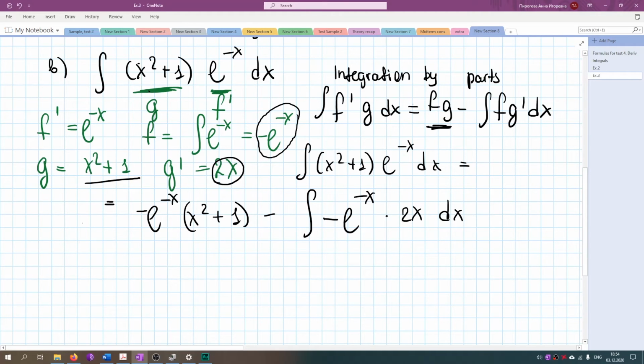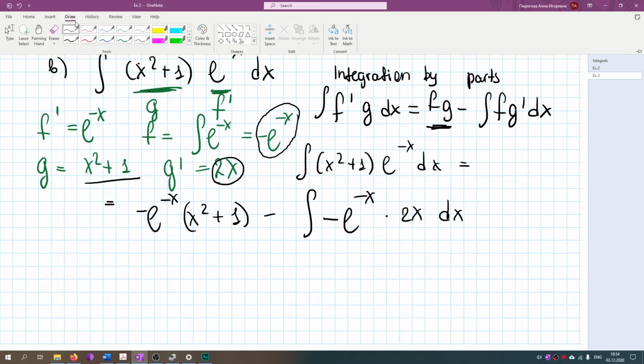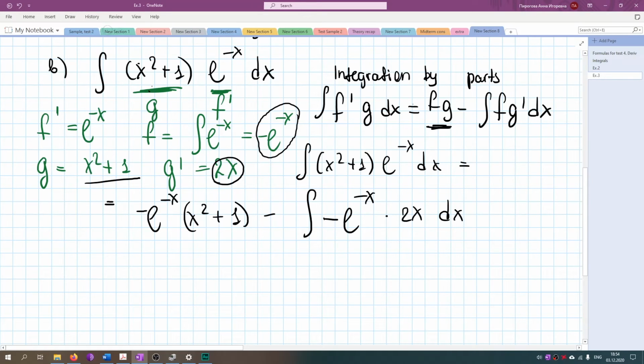And here again we will need to apply the method of integration by parts once more.